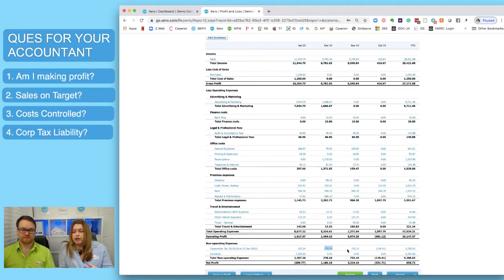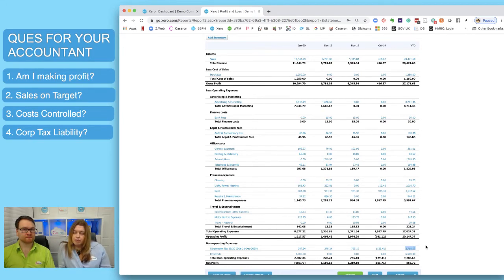So if we took 19% of our profits, and you can see in October, even if we make a loss, we should be putting a provision in for the negative corporation tax, the reduction in corporation tax that loss has added to our overall annual tax bill. If we can do this on a monthly basis, we'll know before we get to the end of the year what our tax bill is likely to be.